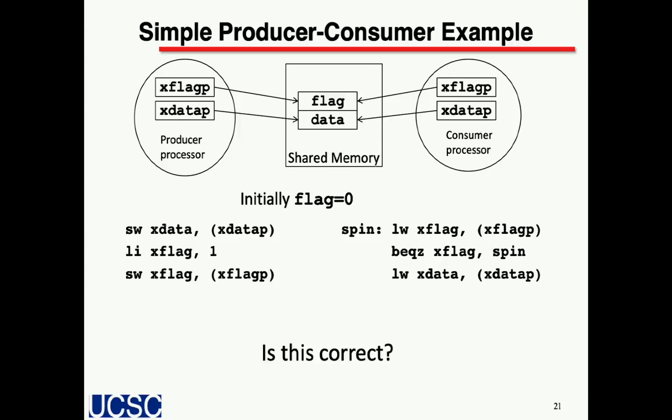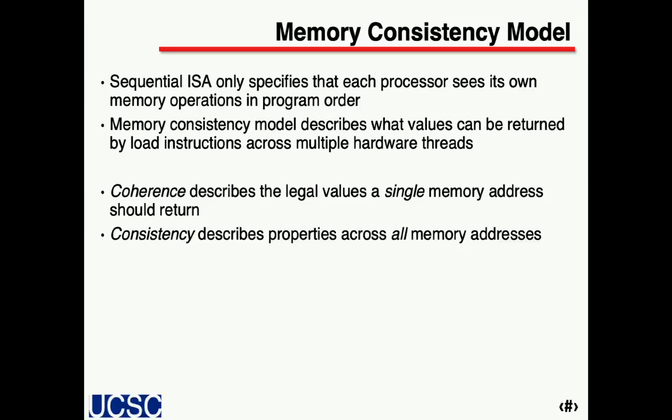So the issue here is coherency is going to guarantee that these two cores don't have different values for X data or X flag, but it's not going to guarantee which order those updates are visible. We're going to get more into that in just a second. So the point is consistency.